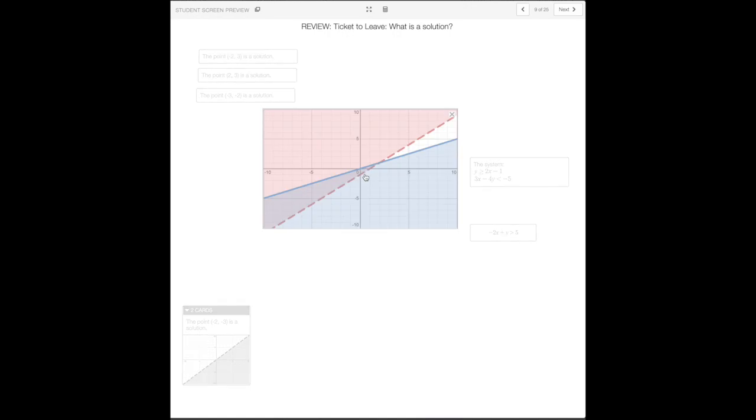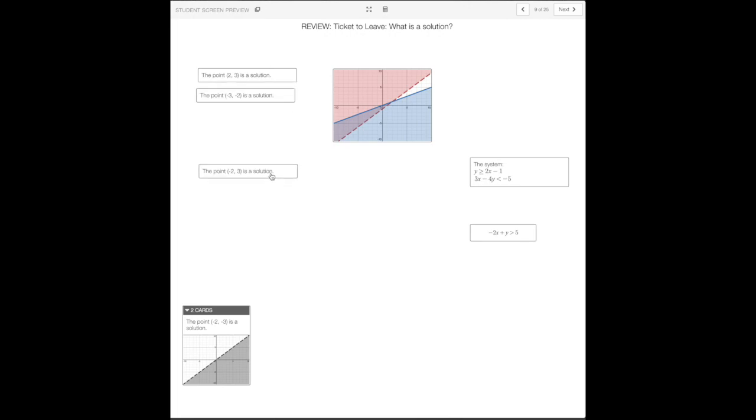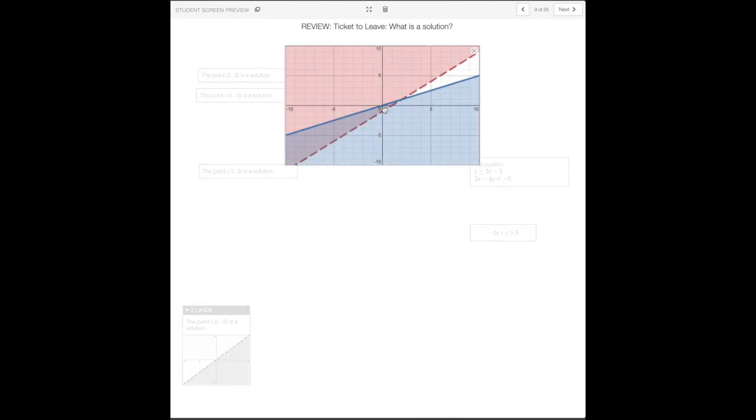Now let's look at this one. All solutions to this system of linear inequalities must be in the blue and the red shaded region, which is this right here that I'm tracing with my cursor. Okay, it must be in this combined shaded region right here. Combined. All right, so let's figure this out. (-2, 3). -2, 1, 2, 1, 2, 3.